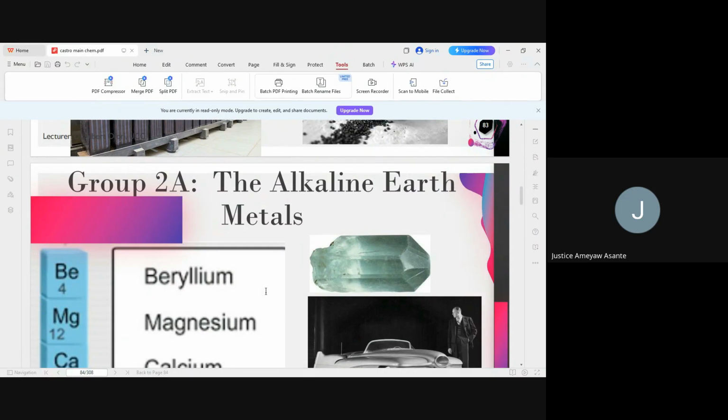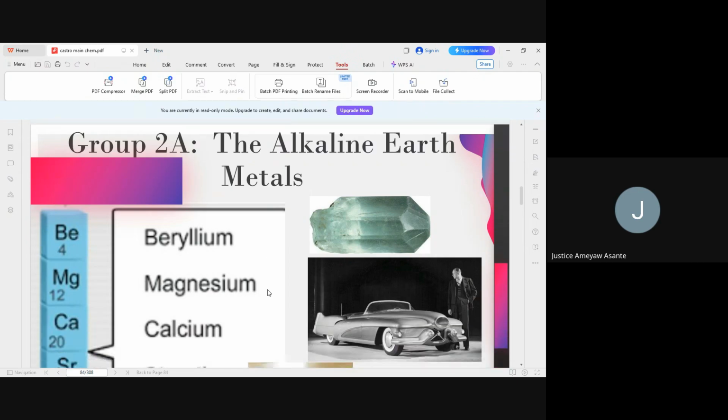So in group one, we have looked at lithium, potassium, and sodium. And all these characteristics that we are talking about are common with the group members of the metal. But because cesium, francium, and rubidium are so reactive, we are not wasting our time on them. Now let us shift to the alkaline earth metals.